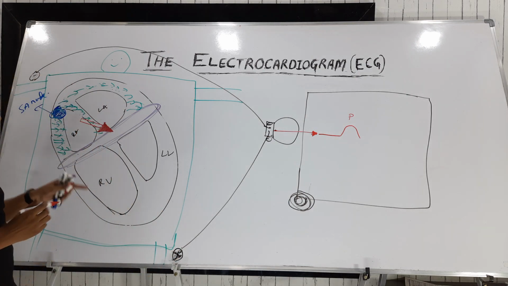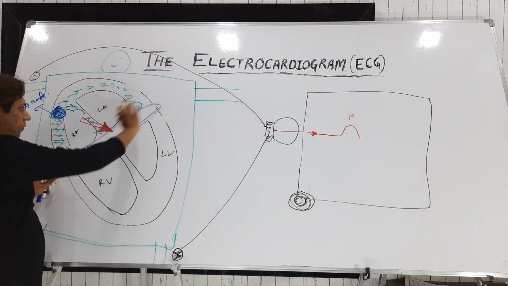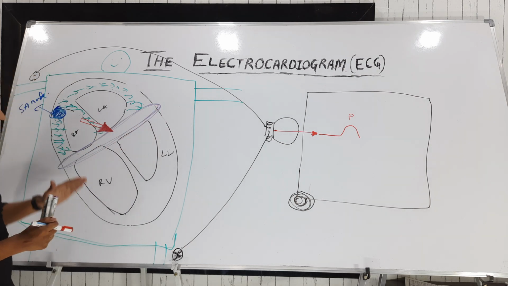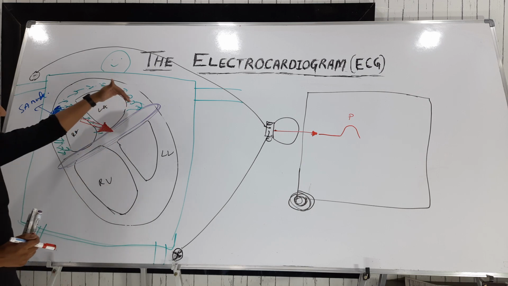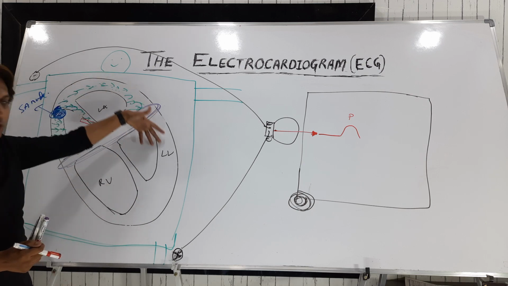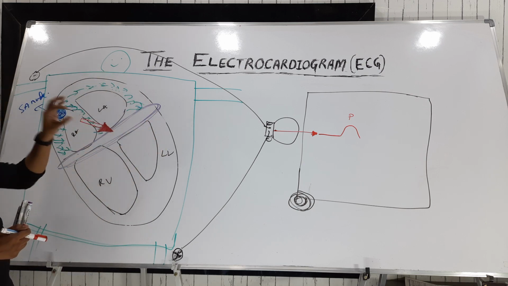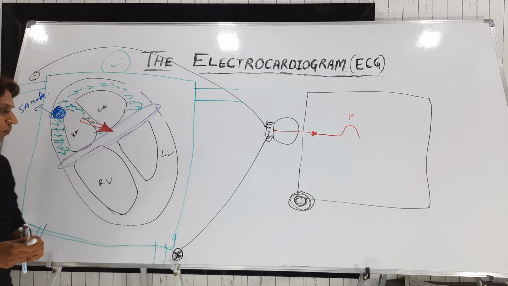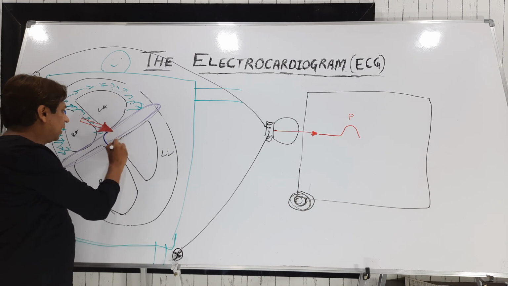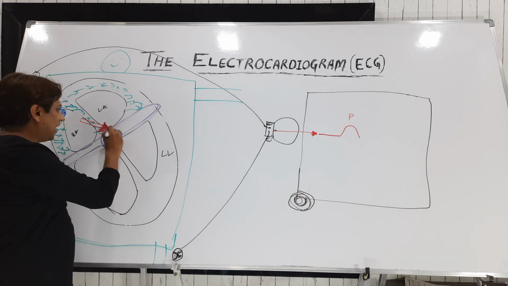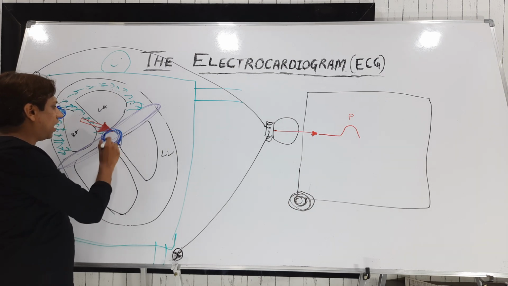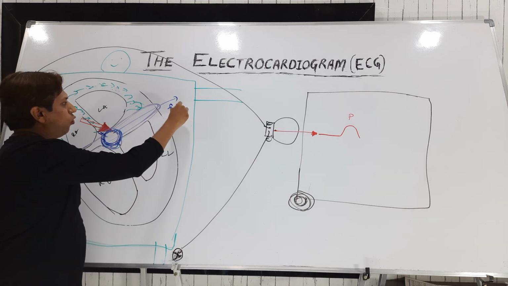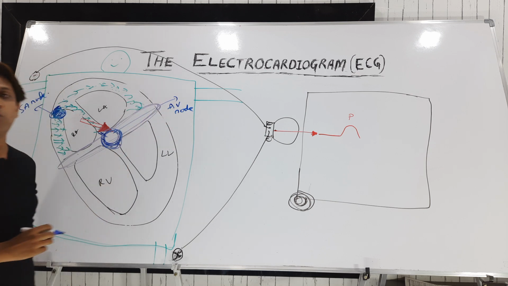Okay, now as I said, there will be a fibrous tissue between the atrial musculature and the ventricular musculature. So this acts as an insulator. So this positive depolarization current won't go to the ventricular muscle. There is only one way for this depolarization current to pass from the atria to the ventricle, and it is through one more specialized conducting tissue in the heart, known as the AV node or atrioventricular node.